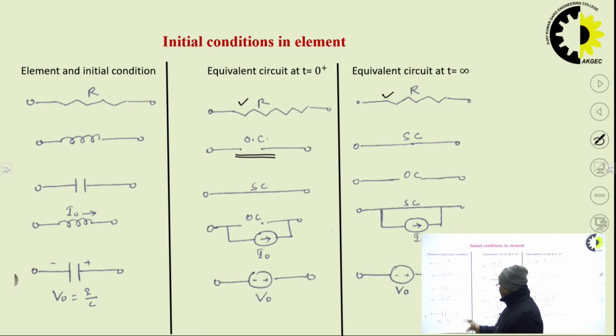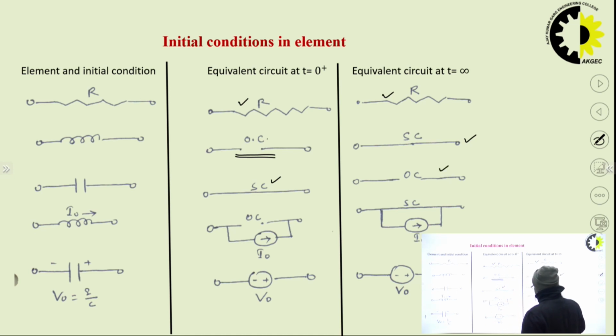At t equal to infinity, the inductor behaves as a short circuit. For a capacitor at t equal to 0, it behaves as a short circuit, and at t equal to infinity it behaves as an open circuit.